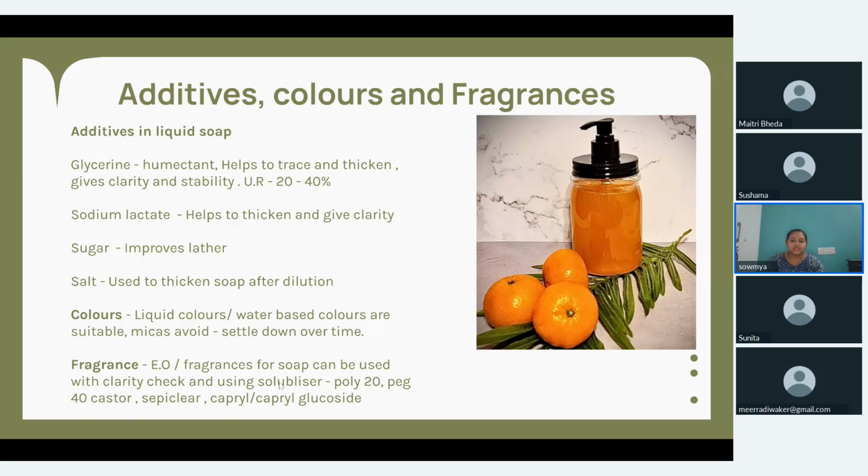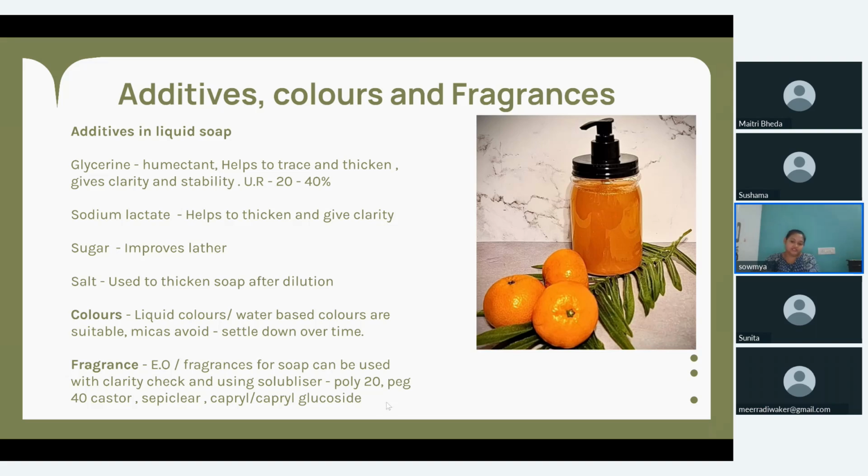So some of the solubilizers I have listed here are polysorbate 20 and PEG 40 castor oil. These are not natural solubilizers. They are synthetic, and they don't go well with people who are more into the natural soap making category, or only with the natural ingredients category.